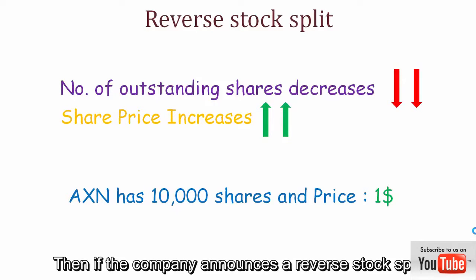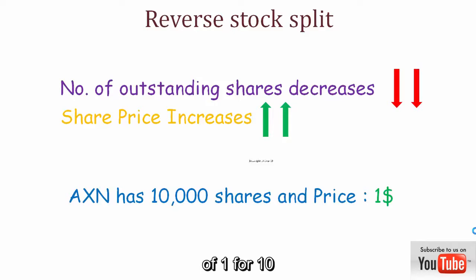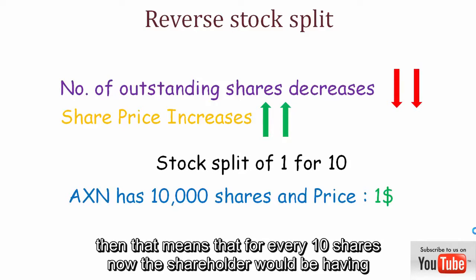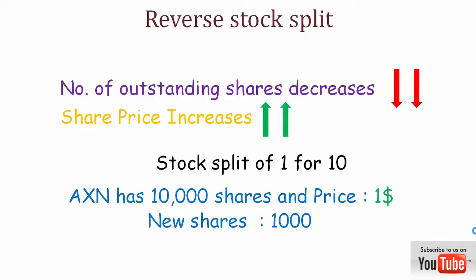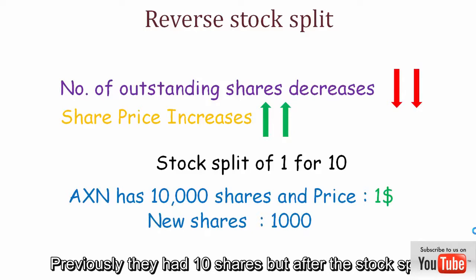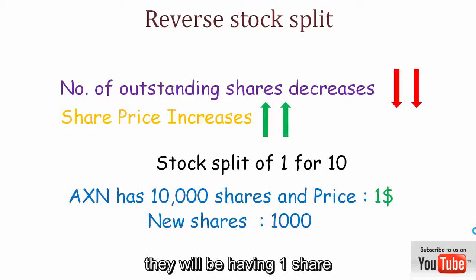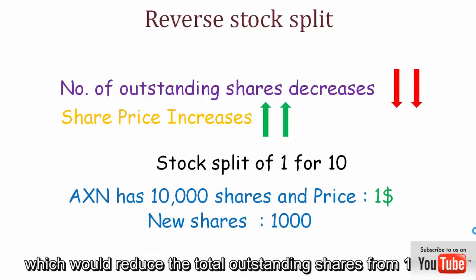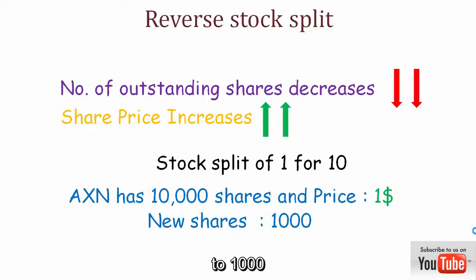$1, then if the company announces a reverse stock split of 1 for 10, that means that for every 10 shares the shareholder had, they would now have 1 share. Previously they had 10 shares, but after the stock split they will have 1 share, which would reduce the total outstanding shares from 10,000 to 1,000.